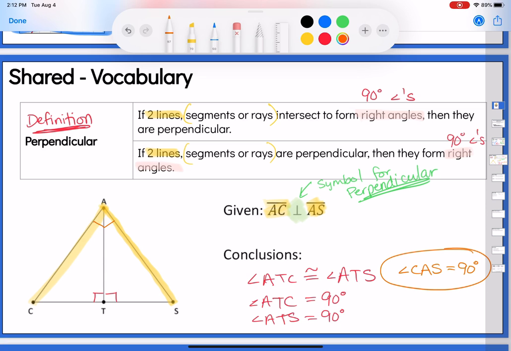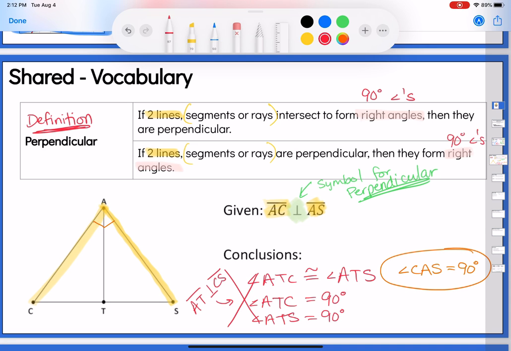This is the only conclusion that works here. These other ones are easy for your brain to think, but they are not true. That would be different things, right? This is no good. That would mean that segment AT was perpendicular to segment CS, right? That's not what the given told us.